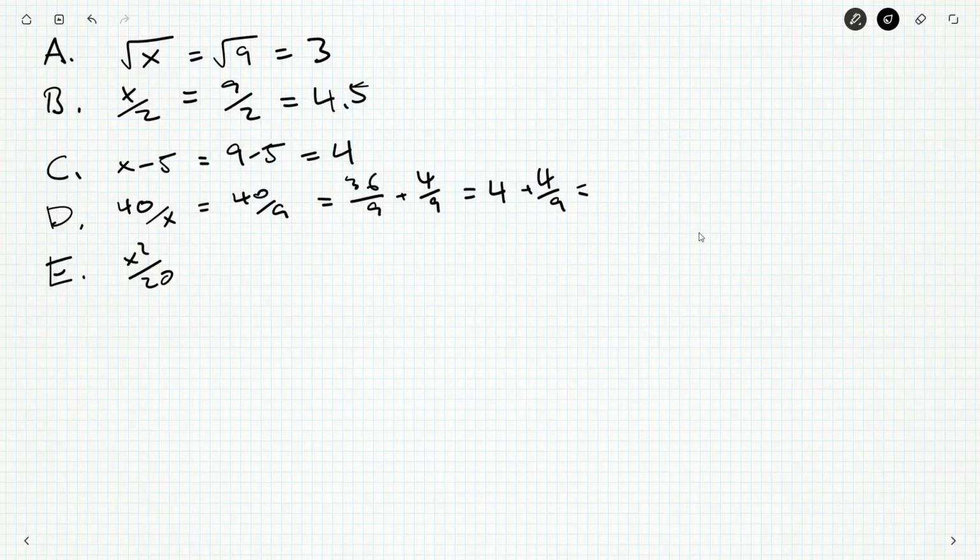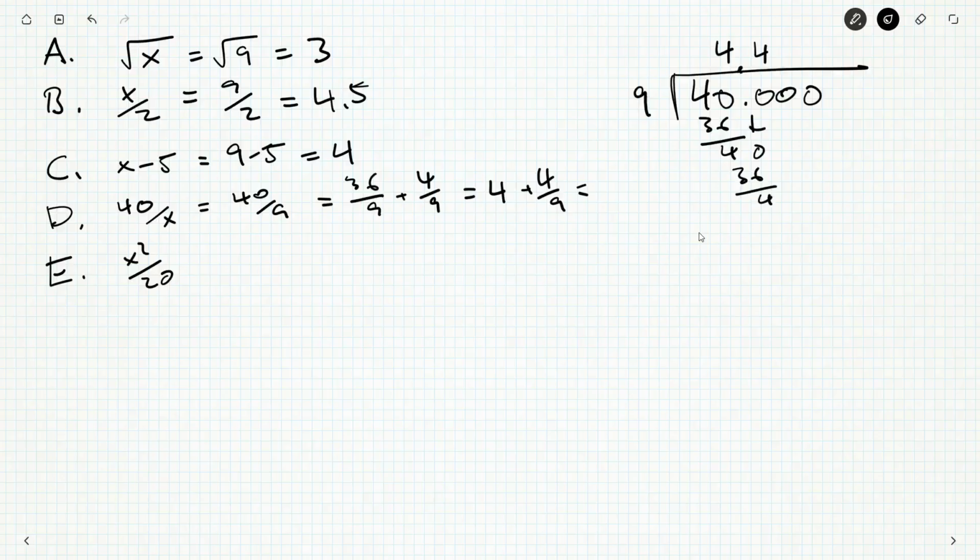And you can either know 4 over 9, get your calculator out, or you can continue to do long division, set it up like this. You get 4, 36, get a 4, bring down the 0, then it's 0.4, bring down another 0. You're going to get pretty quickly 4.44444, repeating forever. Okay? So b is still winning.